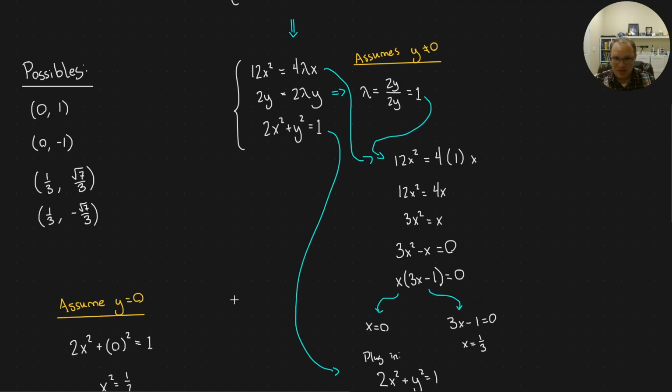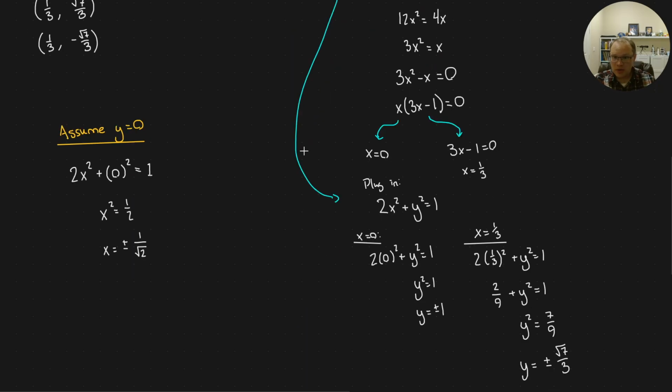Now I do need to make sure that it satisfies this equation, but since I could choose whatever lambda I want, I could plug in 1/√2 or -1/√2, and I'll be able to find a lambda that will make it work. So we found another possible solution: when y is 0, x could be 1/√2, or it could be -1/√2.